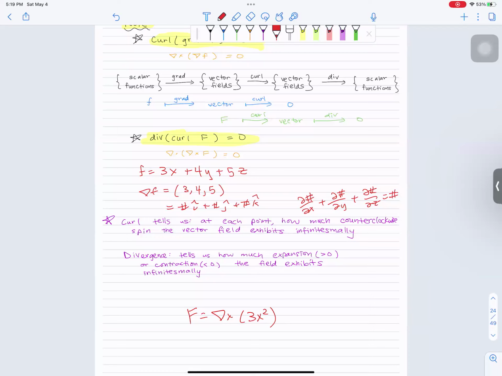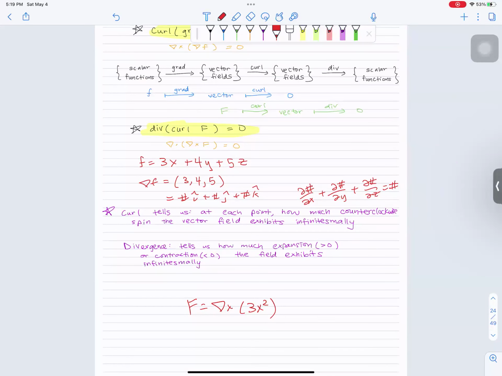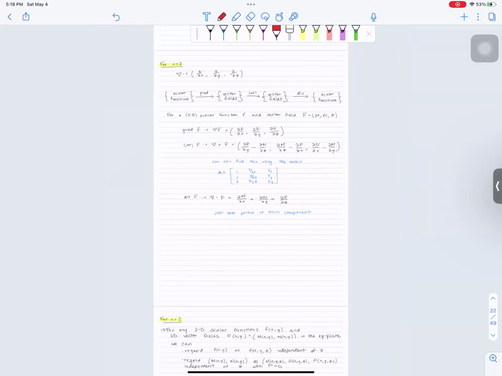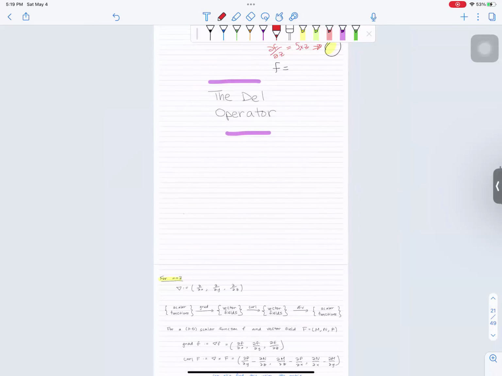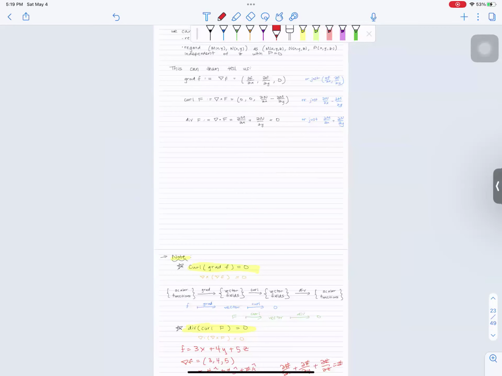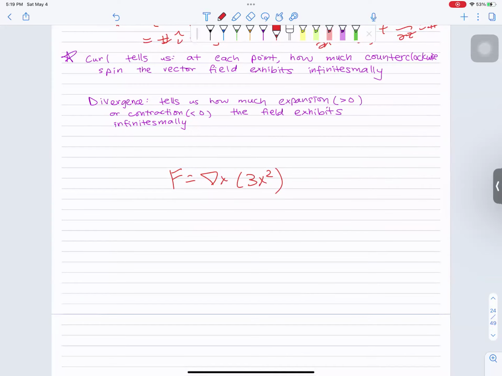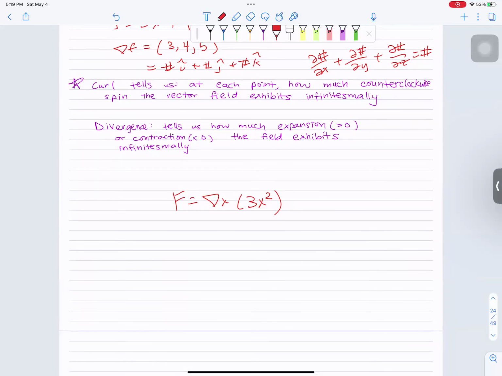Curl of 3x squared. I think this potential function is usually used for gradient one forms, and this is a curl, which is a little bit different.